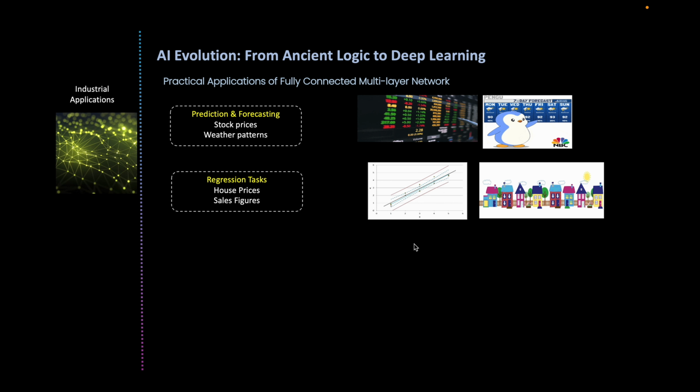And next one is regression tasks. These MLP models are very useful in house price prediction and sales figures prediction. These are all related to regression task. In regression task, the continuous variable, which is the prediction variable, will be the target variable.